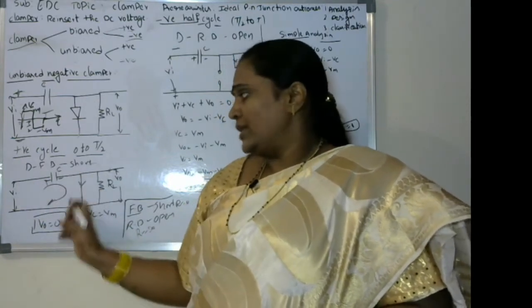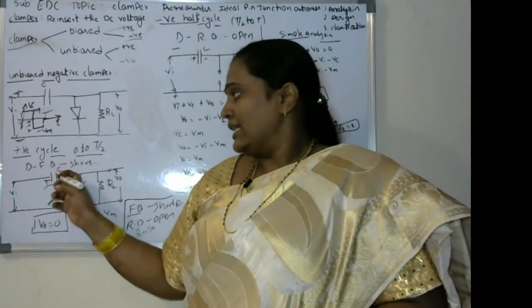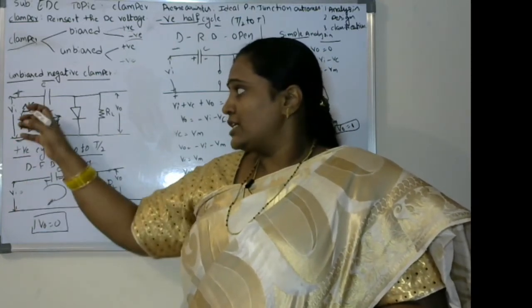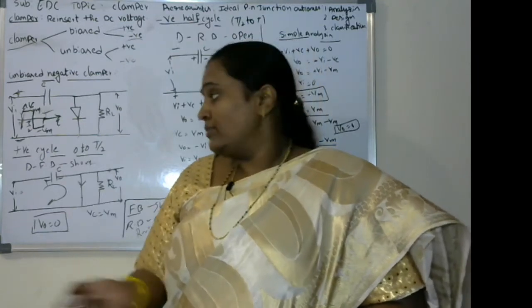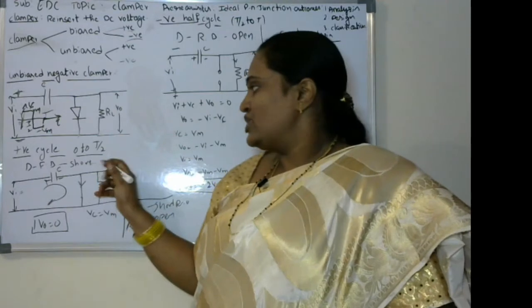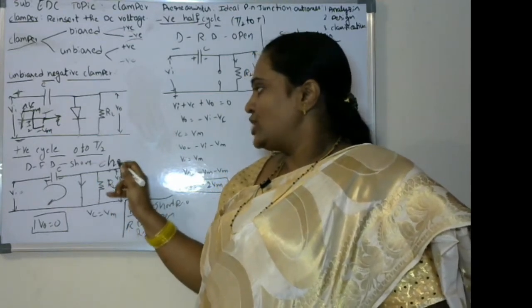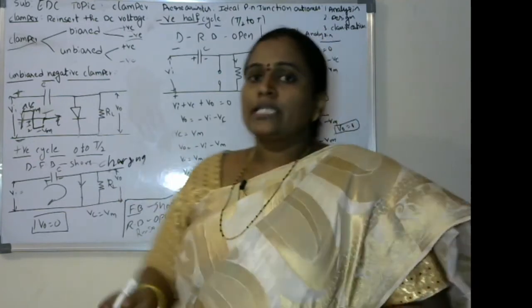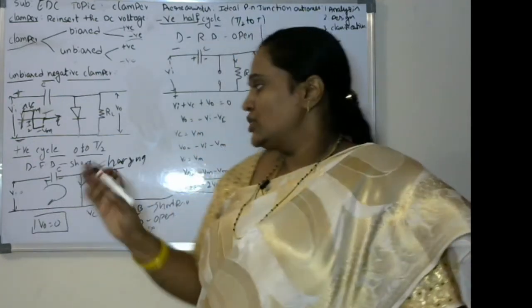So the diode has been shorted, there exists a closed path, and the capacitor voltage is 0, but the input voltage is at its peak of Vm. So the capacitor goes for charging. Remember this point: the capacitor has entered the charging mode.